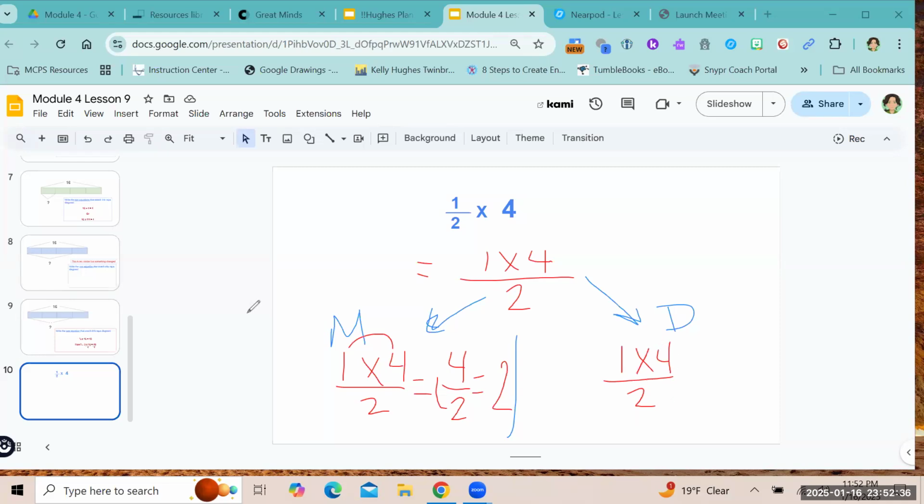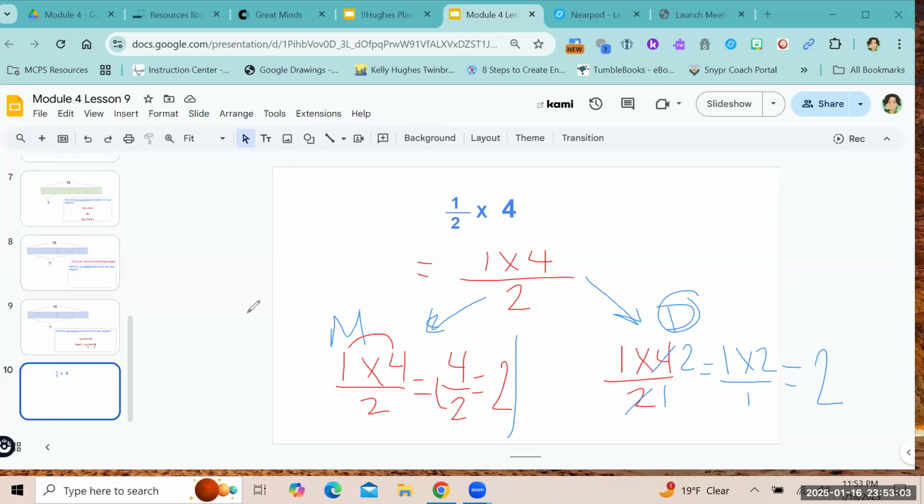So that's what I'm going to do. I am going to divide 4 by 2 and get 2. I'm going to divide 2 by 2 and get 1. They were both divided by 2. Now I've divided first. Yay! Now I have 1 times 2 in the numerator and a whole number in the denominator, which leaves me with my answer of 2 wholes.